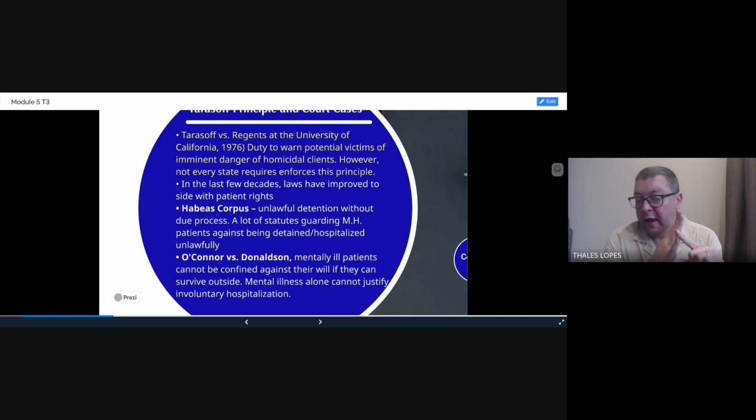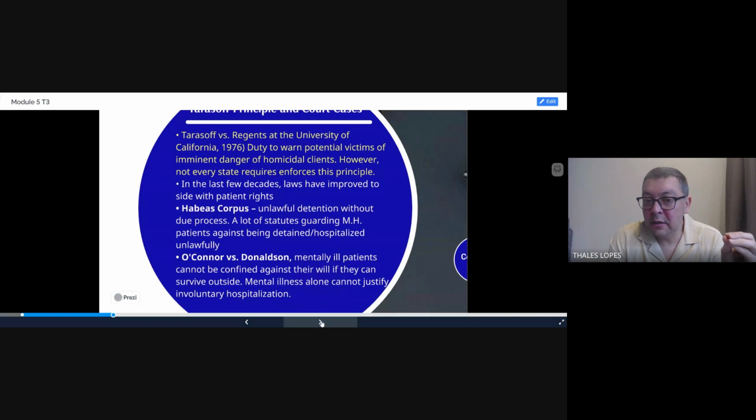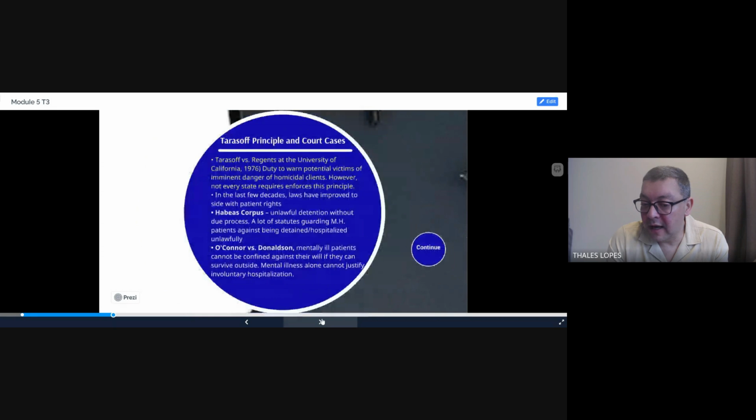So we covered Tarasoff, duty to warn, when and how it's applicable. We covered habeas corpus, which says it's unlawful to detain anyone without due process. And O'Connor versus Donaldson, or just the O'Connor case: you cannot detain anyone only because of mental health if they are not dangerous to self or others.